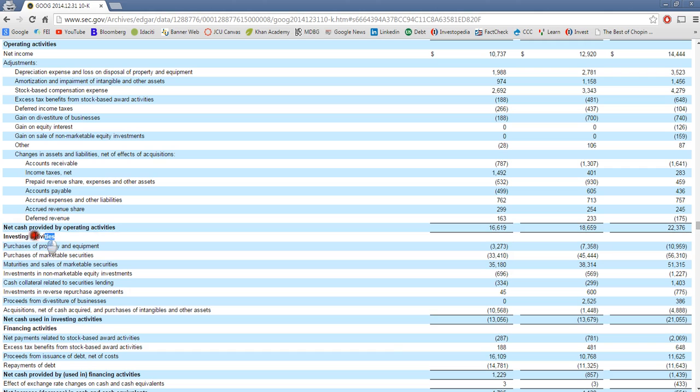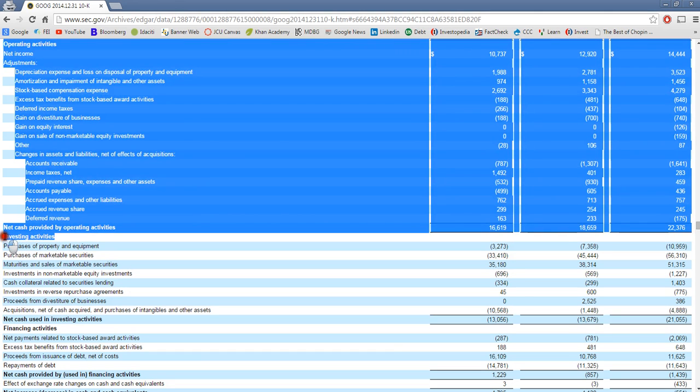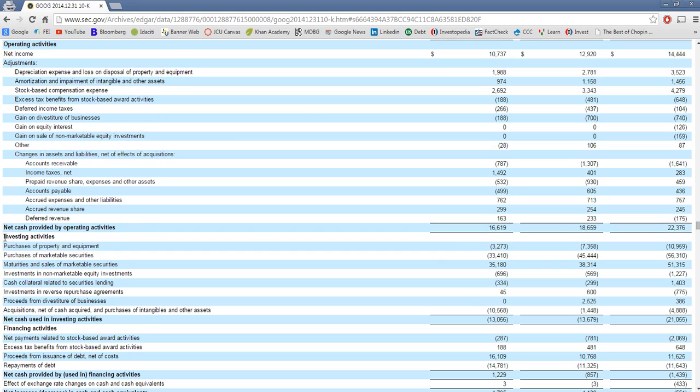Now, what does investing activity mean? Investing can mean two things. Investing can either mean A, you're actually putting money into a different company. Like, let's say that you're Google, but you buy some of Yahoo's stock. That's considered an investing activity. But that's not normally the main thing we're talking about with investing activity, because investing activities can also be seen as purchasing equipment. You see the first line item right here, purchasing equipment. That's a really important aspect.